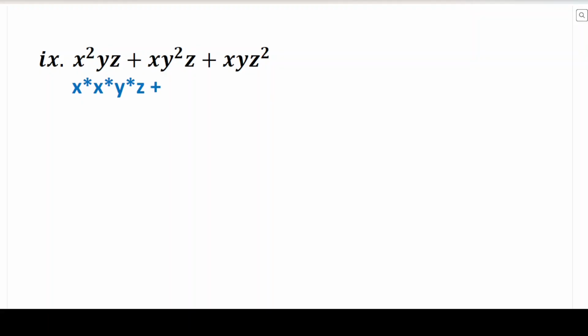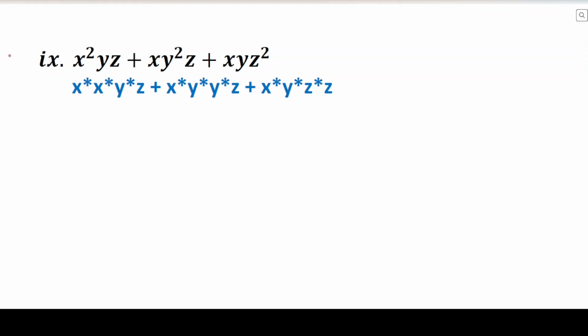Plus x, y square we can write as y into y, into z. Plus x, z square we can write as z into z. After writing all the factors, we can just check what are the common factors from here.